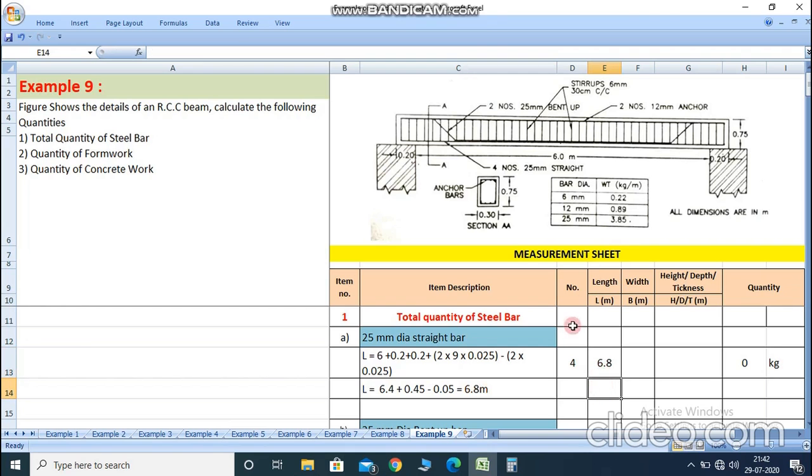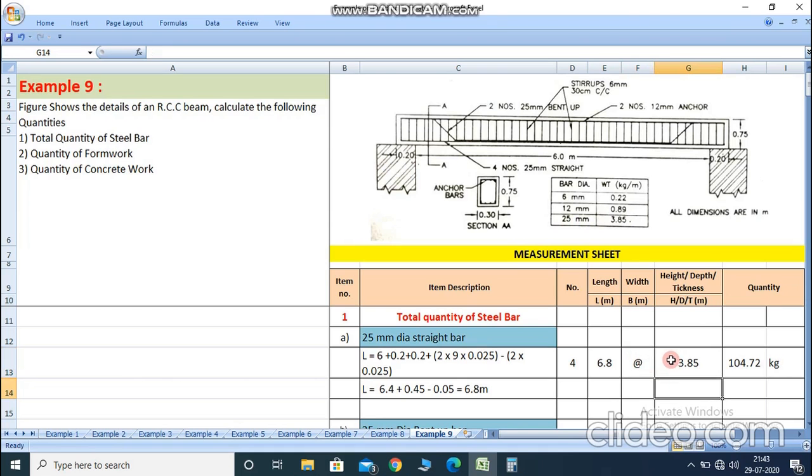Now see this table. In this figure, a table is given with the diameter of the bar and weight in kg per meter. For a 25 mm diameter bar, if we take 1 meter length, the total weight is 3.85 kg, so 3.85 per meter length.